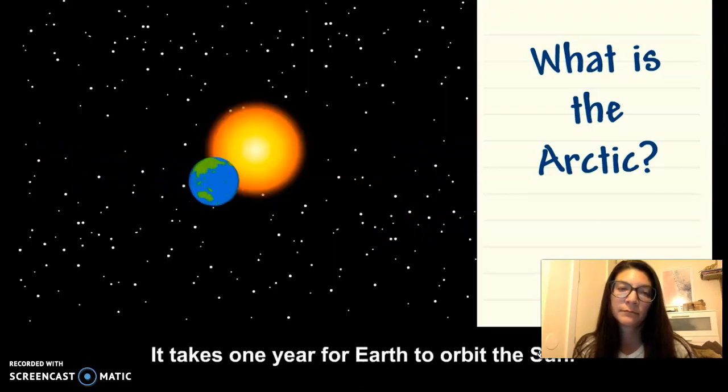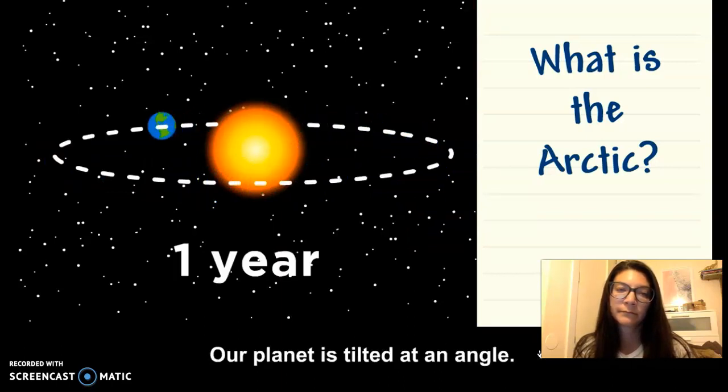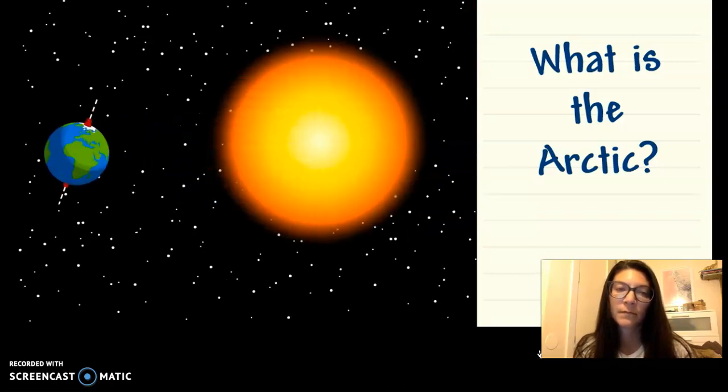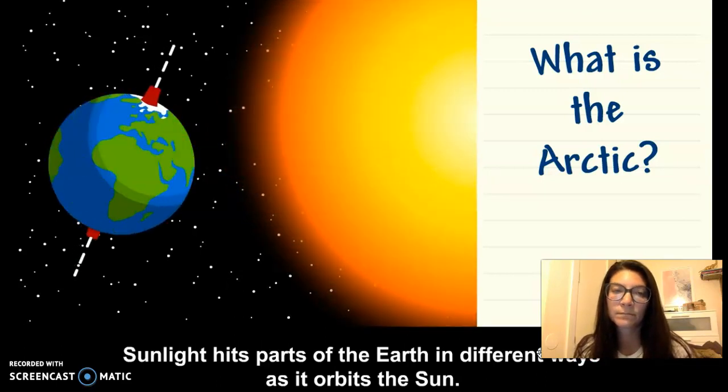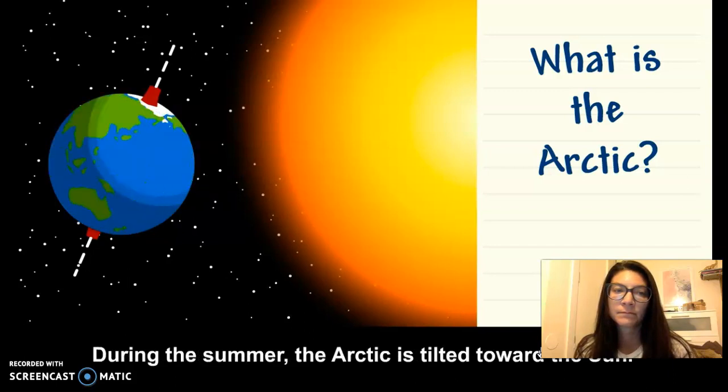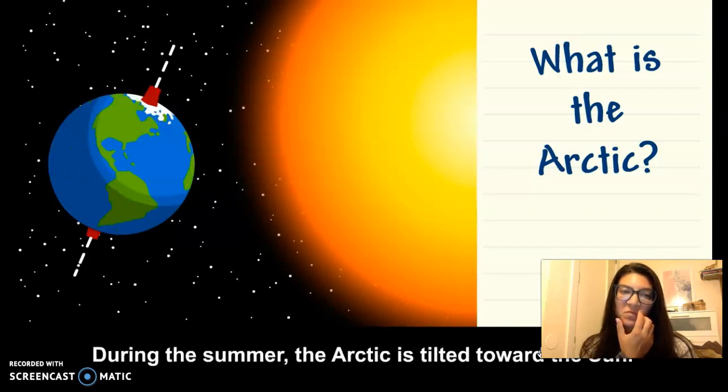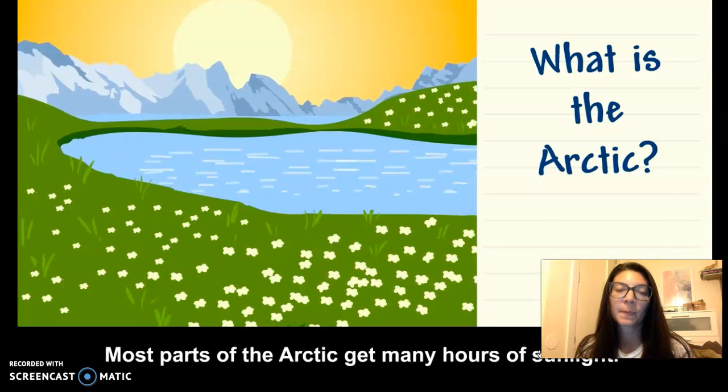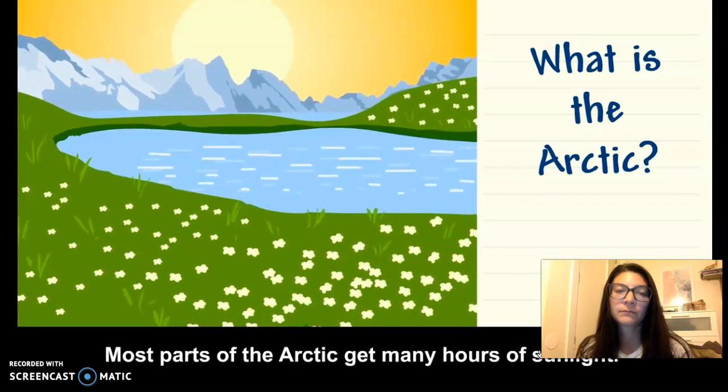It takes 1 year for Earth to orbit the sun. Our planet is tilted at an angle. Sunlight hits parts of the Earth in different ways as it orbits the sun. During the summer, the Arctic is tilted toward the sun. Most parts of the Arctic get many hours of sunlight.